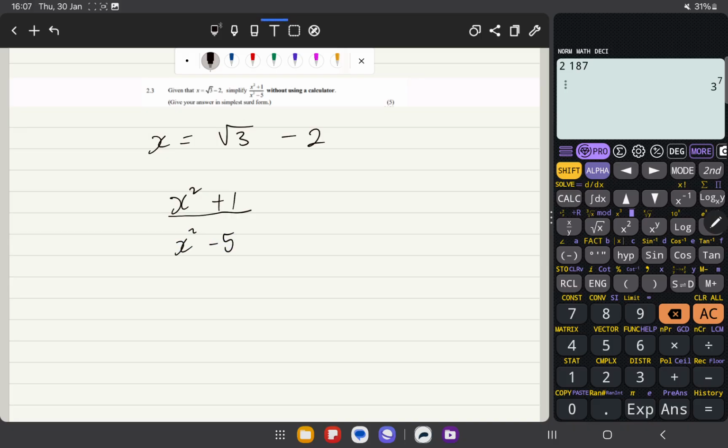Right from the top of my head, I'm just thinking of substituting immediately, right? And we'll see where we go from there. So cool. And of course we're not using a calculator, so I can just get rid of this.